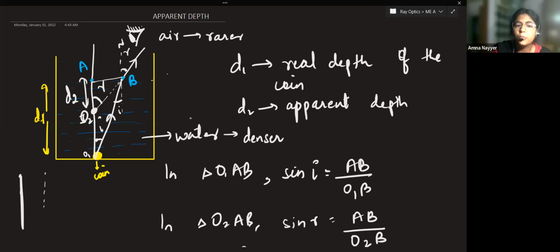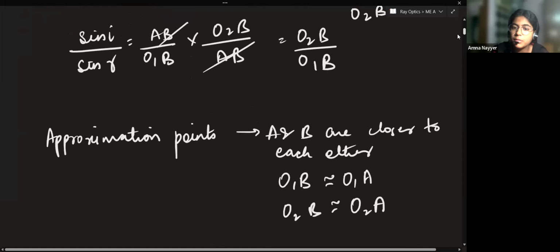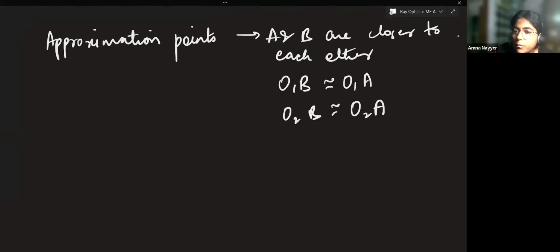So O2B can be written as O2A and O1B can be written as O1A. That is because we are using the small angle approximation and both points are very close to each other. So O1B is approximately equal to O1A and O2B is approximately equal to O2A.